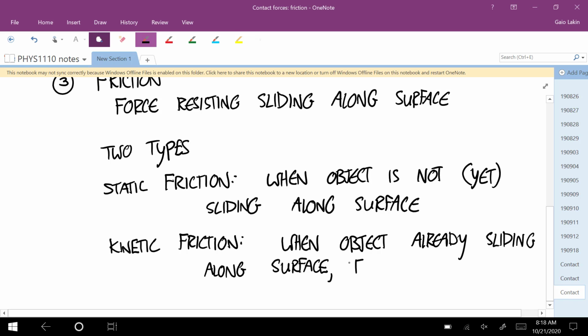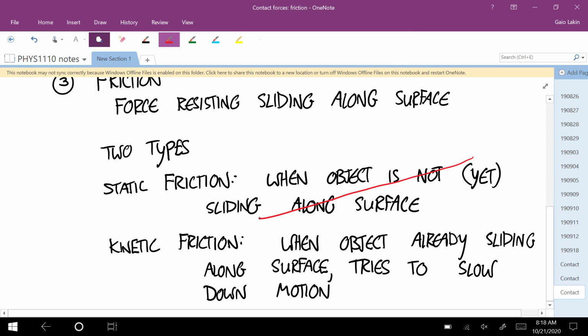This tries to slow down the motion. Okay, we're not going to deal with static friction mathematically.